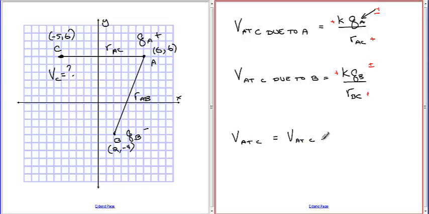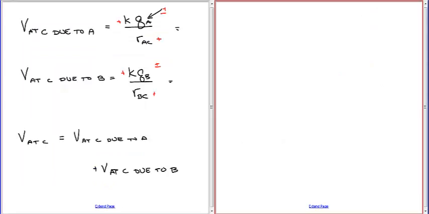So at C, take our previous two answers: the voltage at C due to A plus the voltage at C due to B. And if one's plus and one's minus, then depending upon which voltage is larger, it'll either be plus or minus. Okay, so that's the voltage calculation.